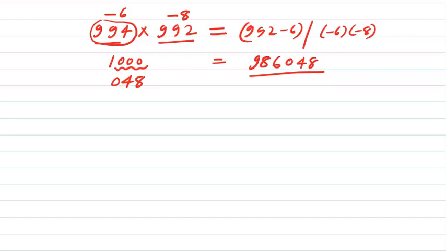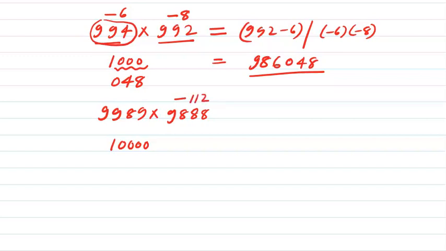Let us do some more problems. Suppose I take 9989 into 9888. Now I am making the problem slightly bigger. What is the base here? The base here is 1 followed by 4 zeros. What is the deficit here? The deficit here is -112.